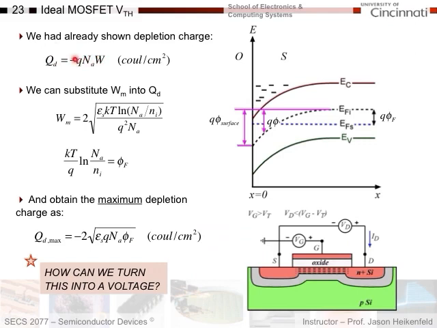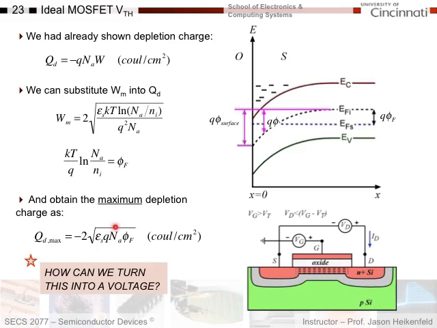We can substitute our new W back into this equation. I can also recognize that all this stuff in here is just phi sub f, and I can obtain my maximum depletion charge as QD max according to this. And so again, if I have a W max, then I also have a maximum depletion charge calculated here.